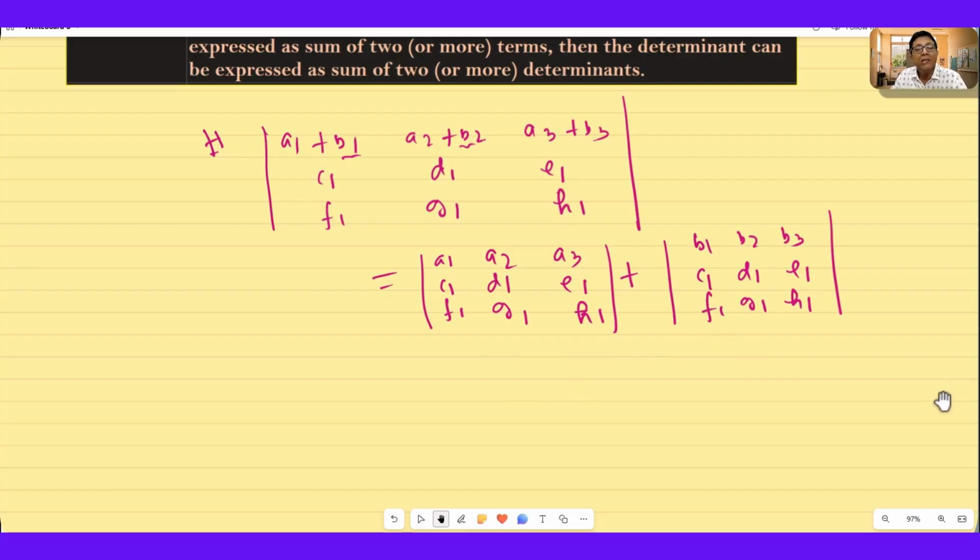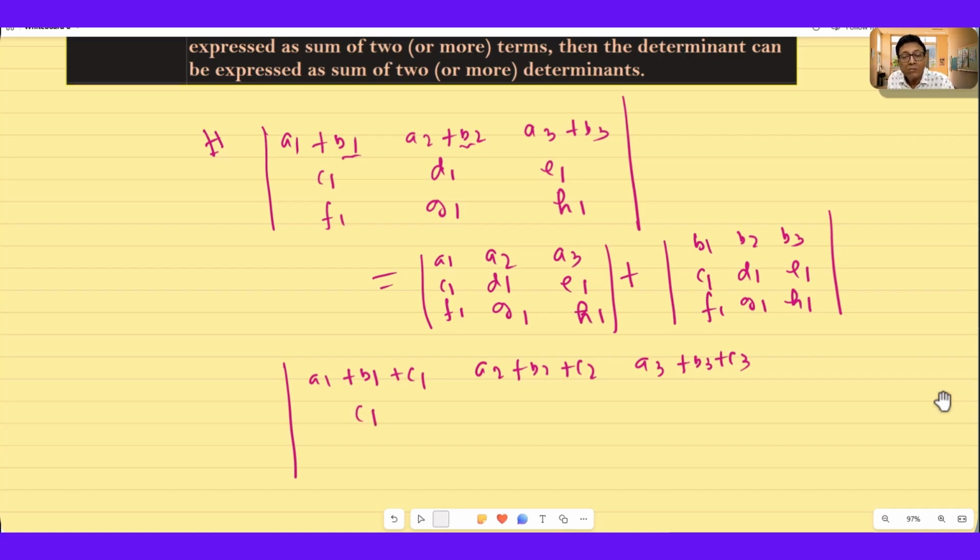Question arises, if there was a determinant in this form, A1 plus B1, say plus C1, A2, B2, C2, A3, B3, C3, and this is C1. I have taken already C's, so I am taking as L1, M1, N1, L2, M2, N2.